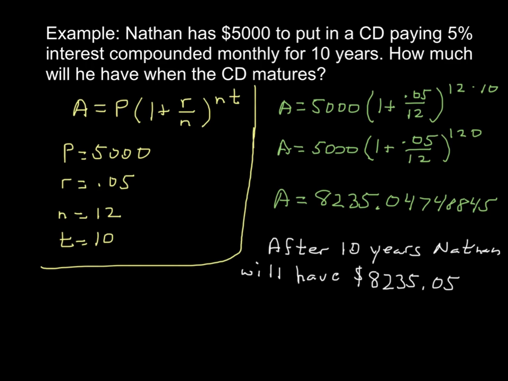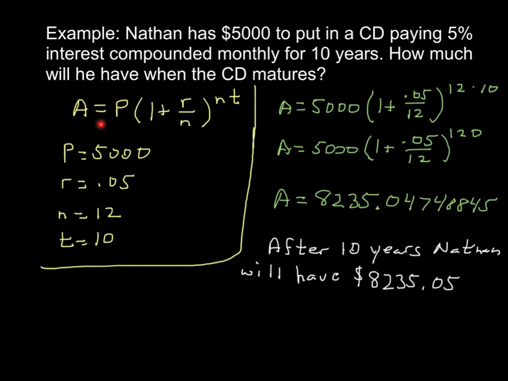They pay you a little bit higher interest rate on a certificate of deposit than they do on a standard passbook savings account. So in this case, he's found one that's going to pay 5% interest compounded monthly for 10 years, and we want to know how much will he have in that CD when it matures, so after the 10 years.